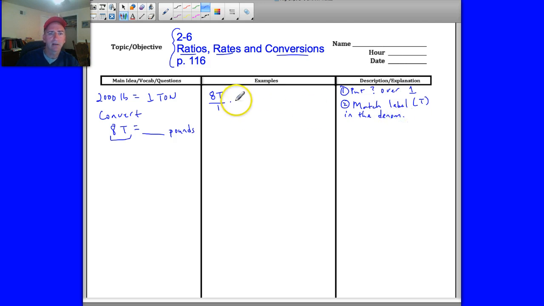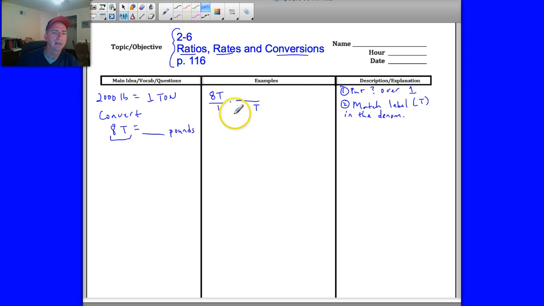When I teach this in my college class, I make them put that down before they put anything else down. This is what's going to help me begin the conversion. If I have tons here and I want to change it, you have to cancel it out. You cancel it out by multiplying it in the denominator here, and that cancels the tons out.